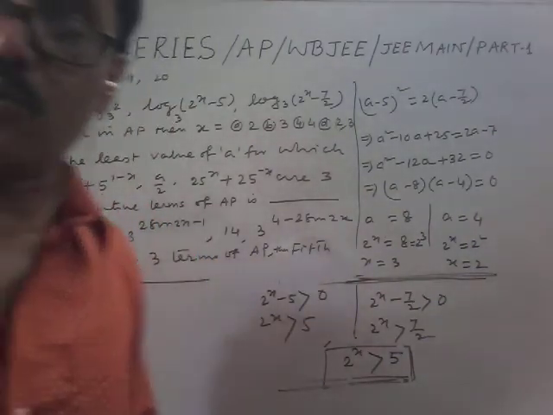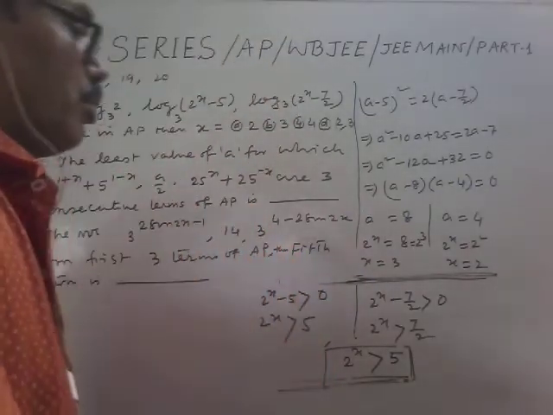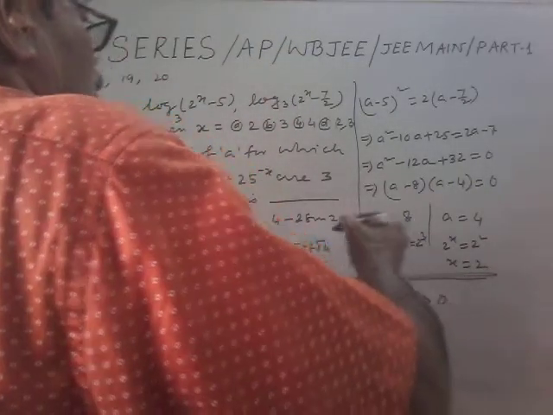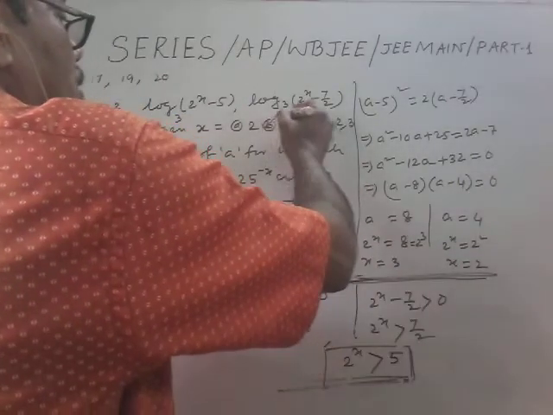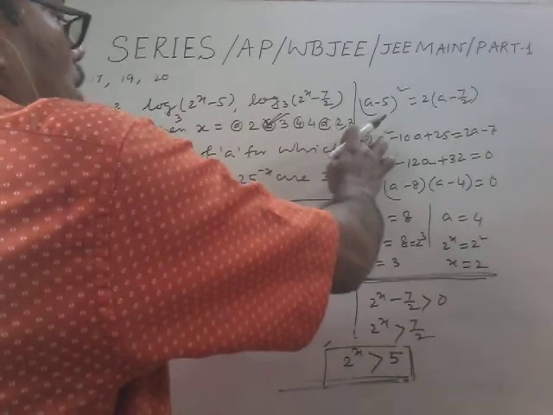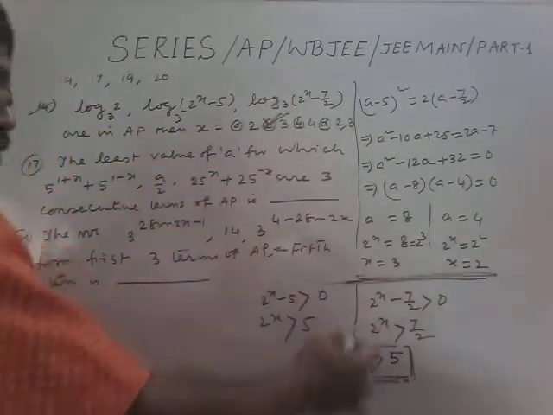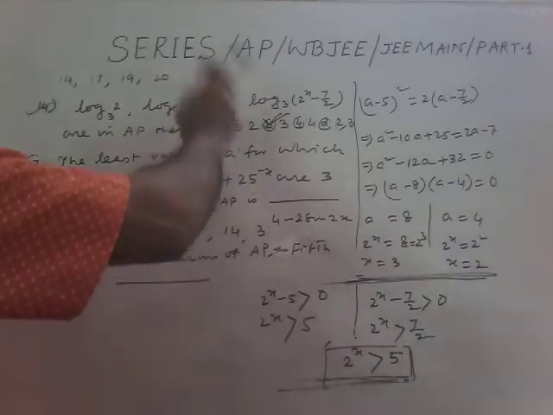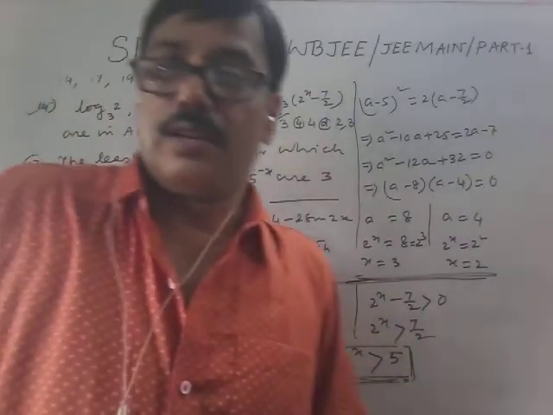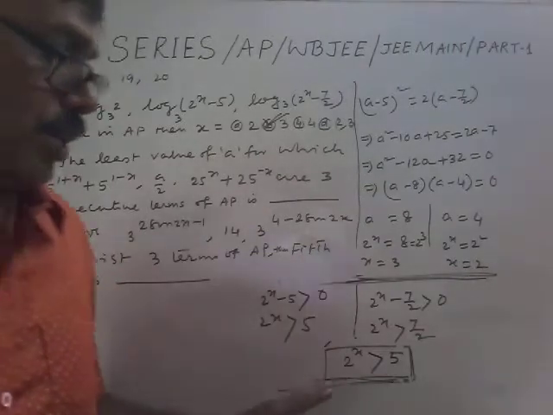So this to be noted. So the answer is only x equals 3. Someone writes 2 comma 3, but 2 is not possible due to the domain of this log. So this to be noted.